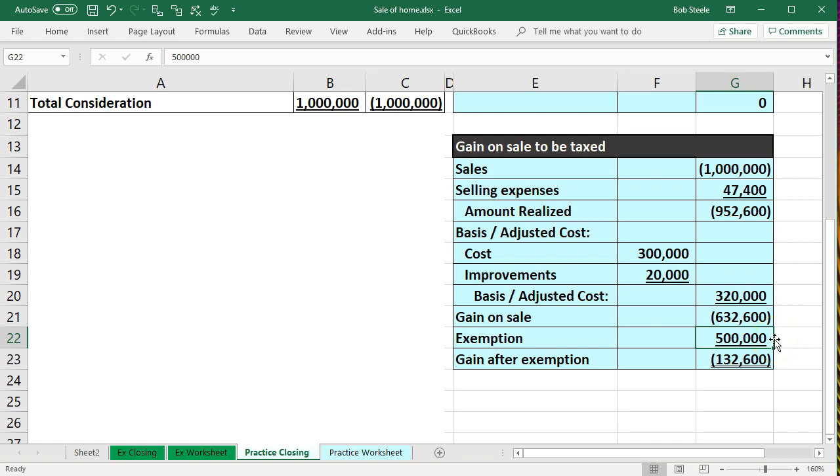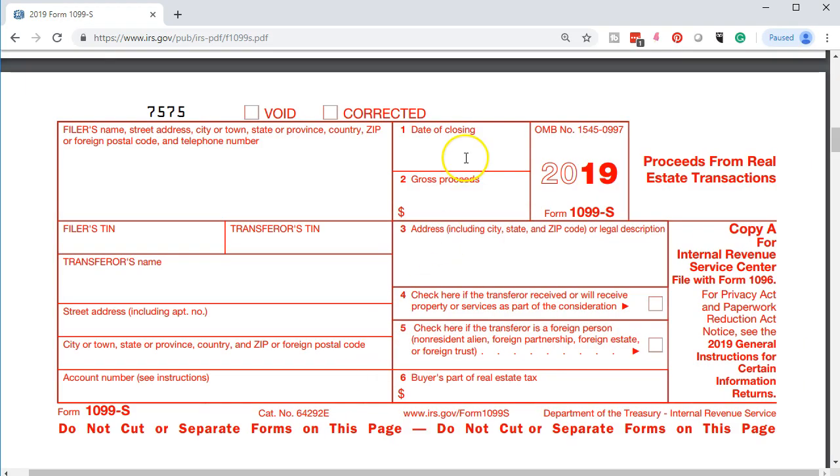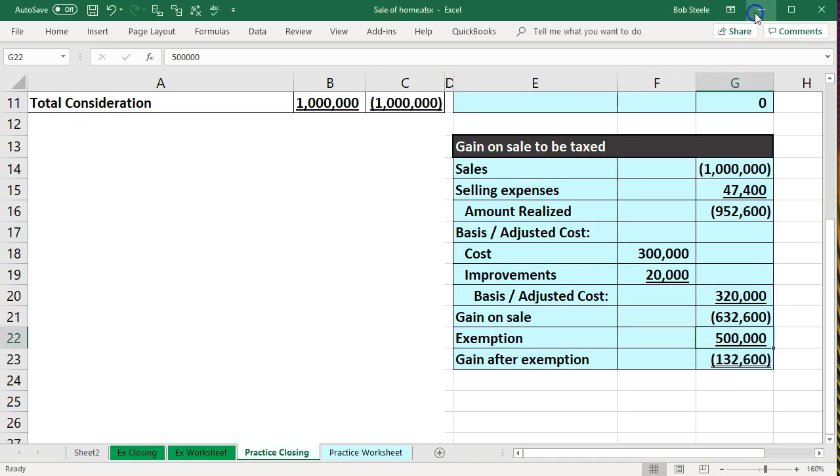So that 500,000 is much more likely to wipe out the gain. Obviously in this case it wouldn't have wiped out the proceeds, because the proceeds were $1 million, and 500,000 is not going to wipe that out. But we could easily have bought the home for something close to that. In that case, the exemption would wipe it out. So we're left with this amount here.